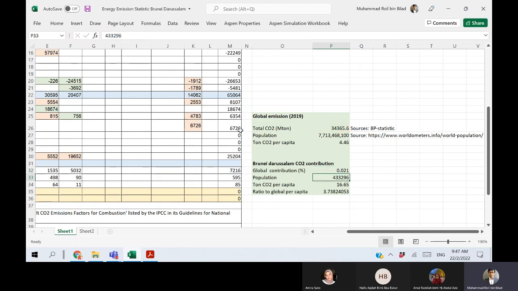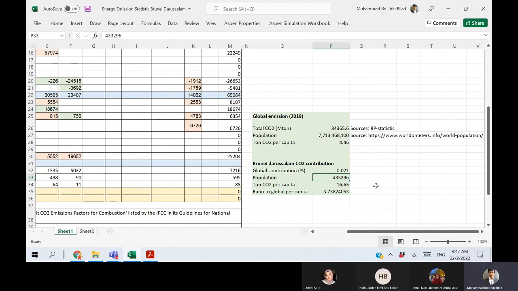So we get around 0.021% of the global emission, which quite makes sense. Then we check, from Wikipedia or some statistics data, the Brunei population in 2019.